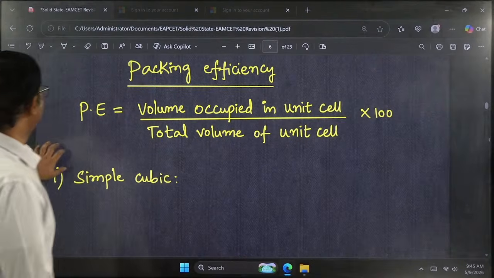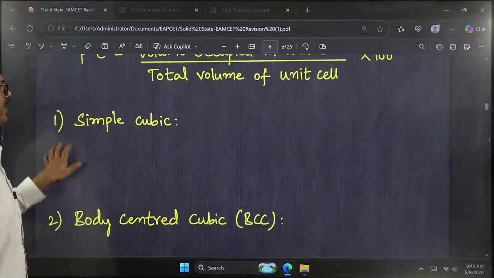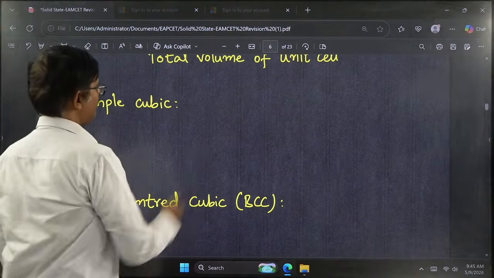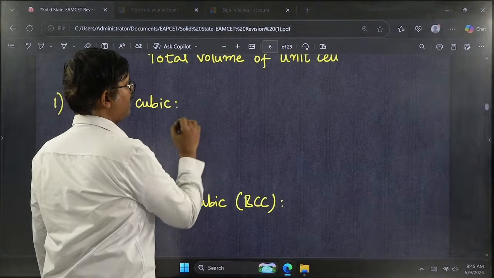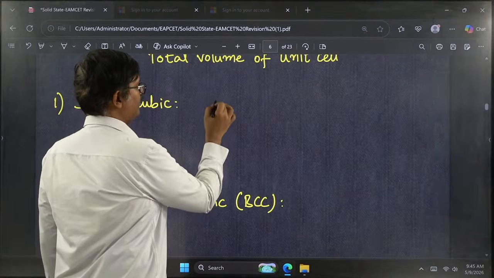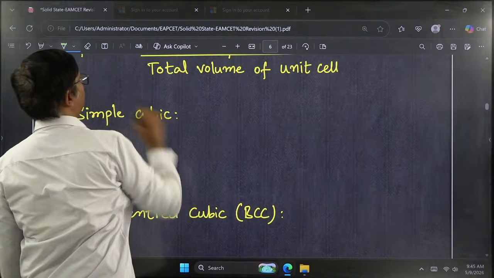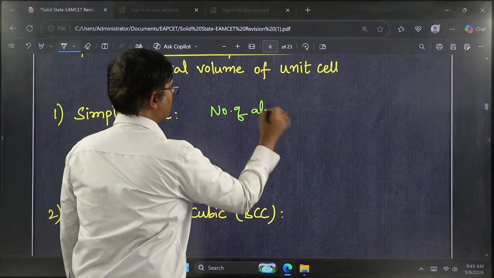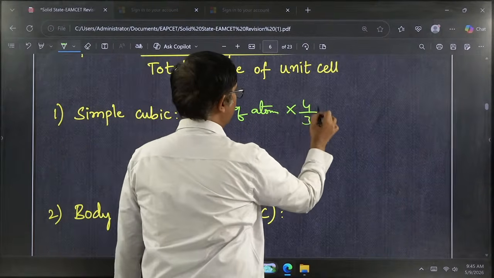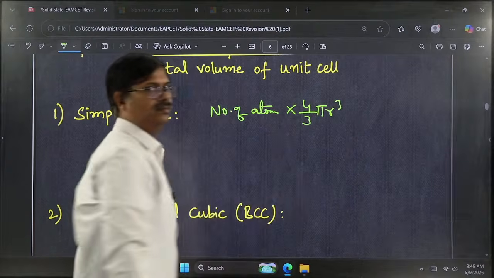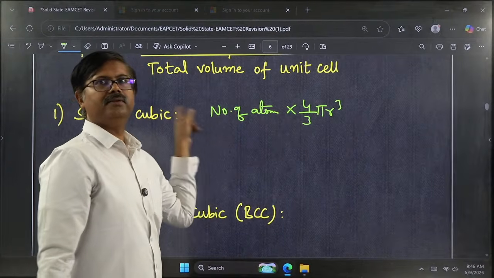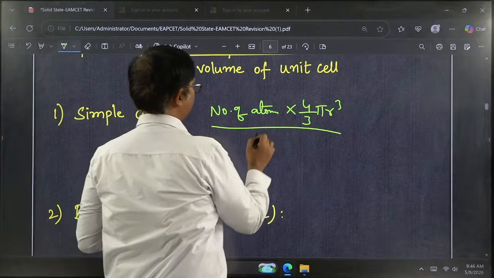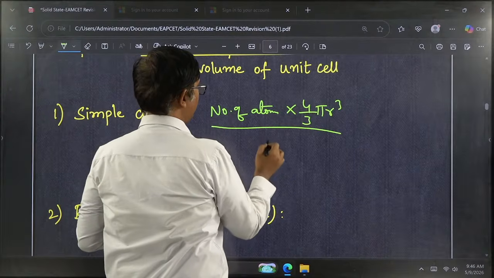I will just derive it for simple cubic. For the rest, there is no need for derivation; I will just write the final result. In simple cubic, you know how many atoms per unit cell? 1 atom. So first I will write the number of atoms into 4/3 pi r cube, each atom's volume, into total atoms. This is the entire volume occupied, divided by the volume of the unit cell.